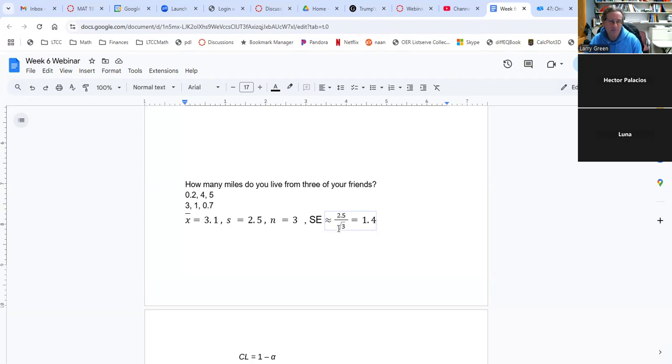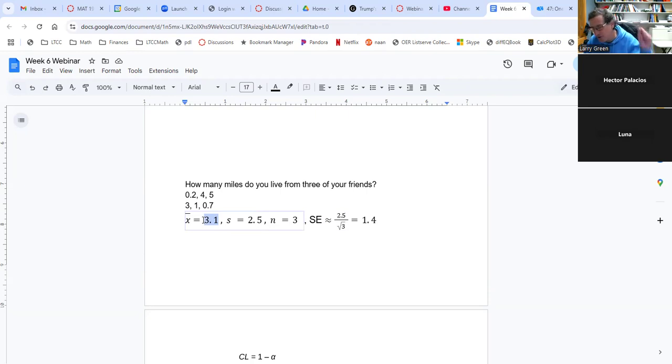Not too bad. Okay, so here is my best guess for the average distance all of your friends live from you, and that is 3.1 miles. How good a guess is it?